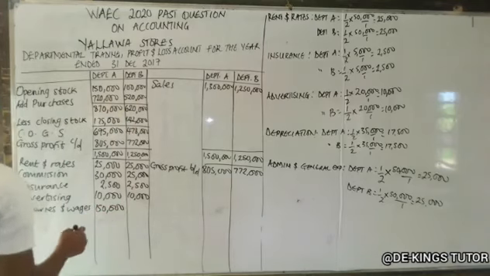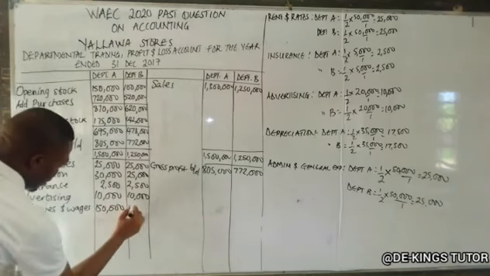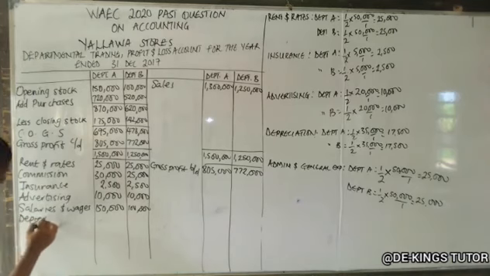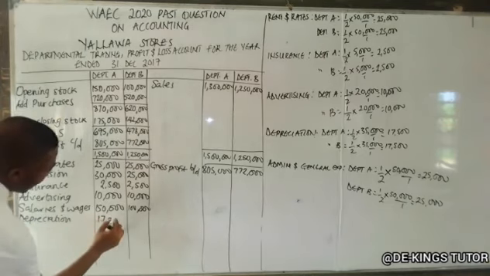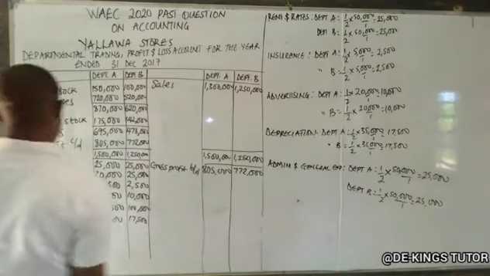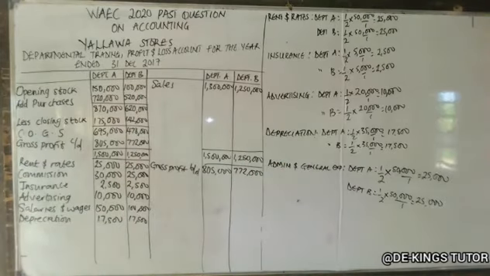Depreciation is 17,500 and 17,500. Got it there. Right. The next one, admin and general expenses, 25,000. So I have 25,000 and 25,000.